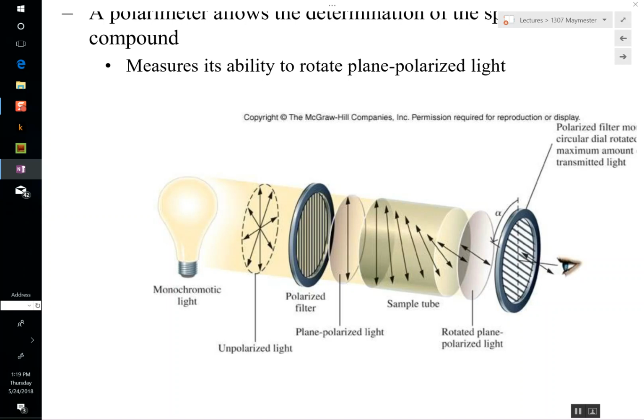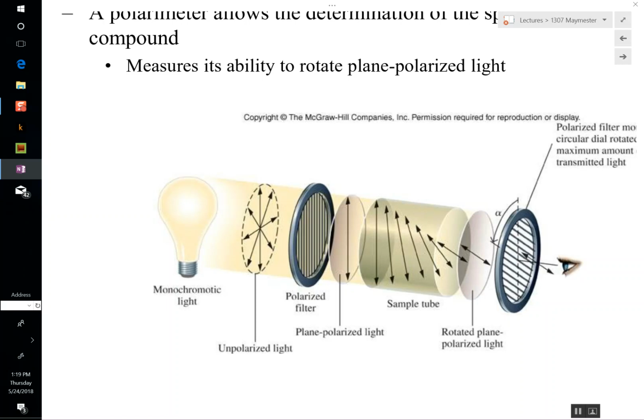Wavelengths of light are coming at this filter, vibrating in all different directions, 360 degrees. The polarized filter will let through only the light beams vibrating in a certain vertical pattern and filter everything else out. So now you have polarized light.